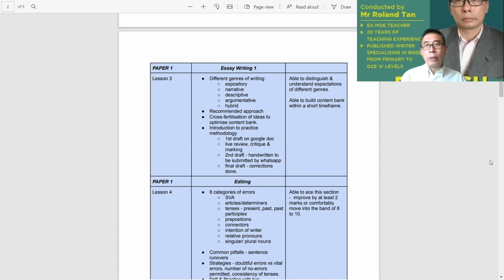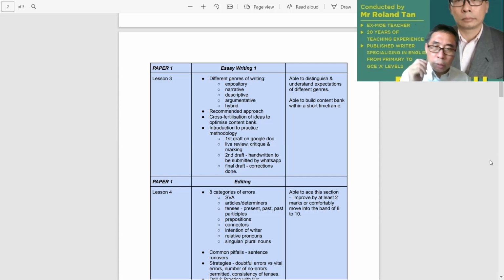So this will enlarge your knowledge base, which in turn broadens your content. So I'm going to help you to accumulate as much content during this brief period so that you have enough resources to apply to your writing.